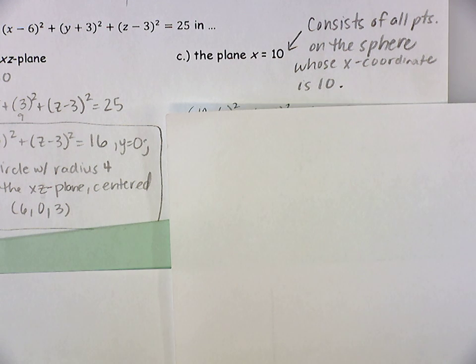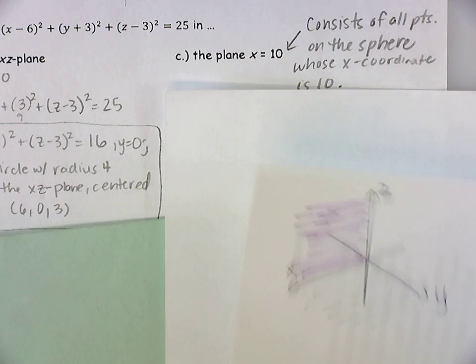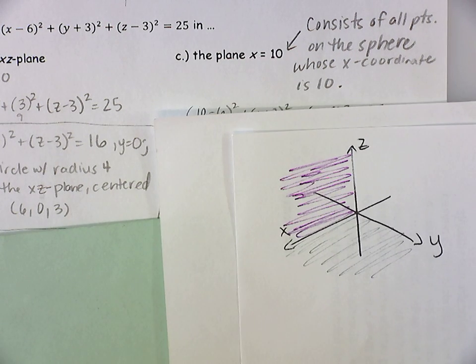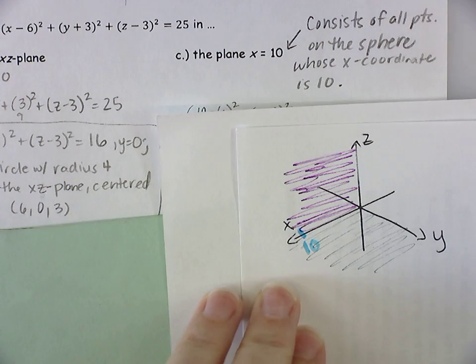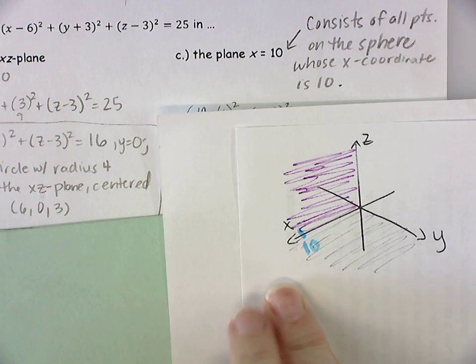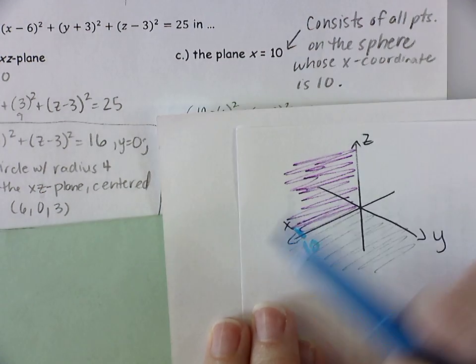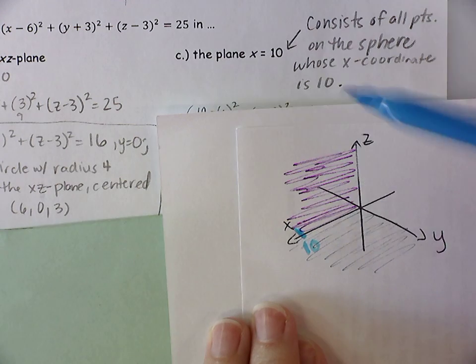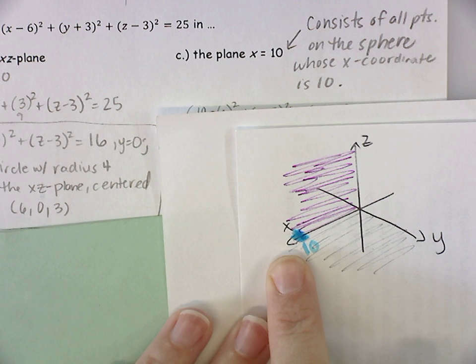Okay, so if we think about where that is on our picture, if I have 10 out to here, it's going to be all of the points that are on 10, okay? So this side here, do you guys know what plane this will be parallel to?